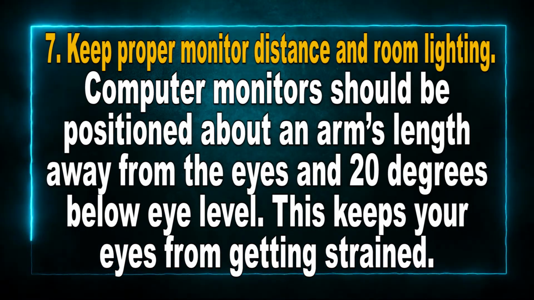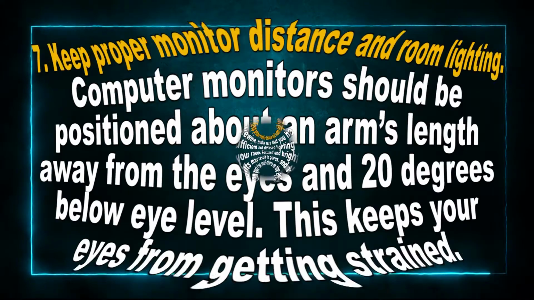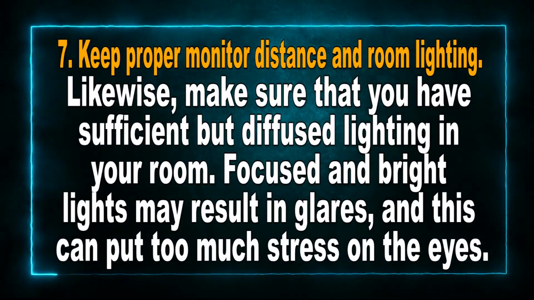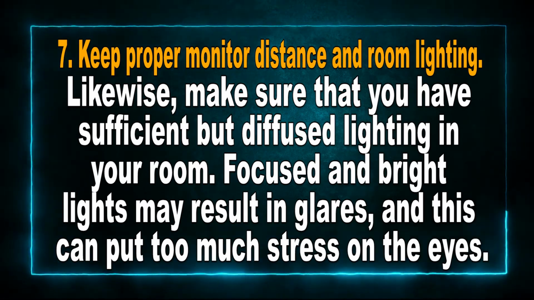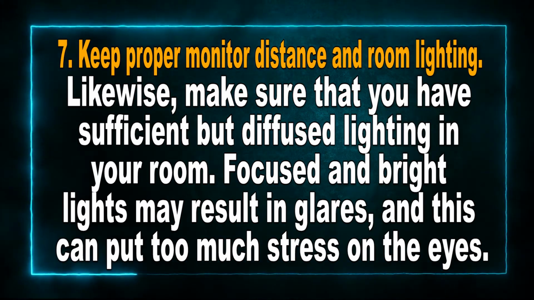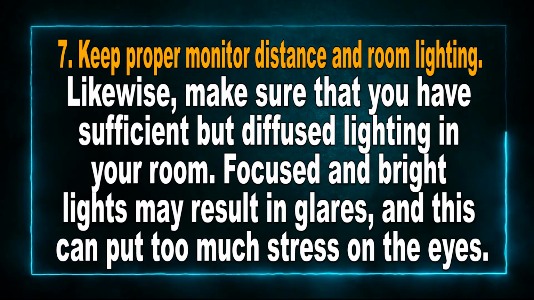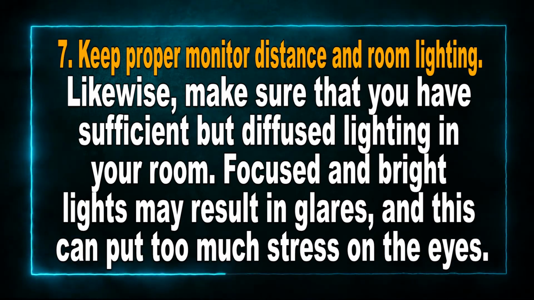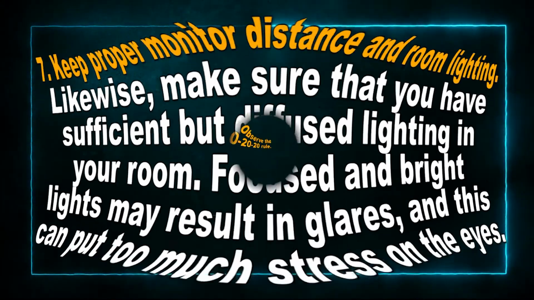This keeps your eyes from getting strained. Likewise, make sure that you have sufficient but diffuse lighting in your room. Focused and too bright lights may result in glare, and this can put too much stress on the eyes.